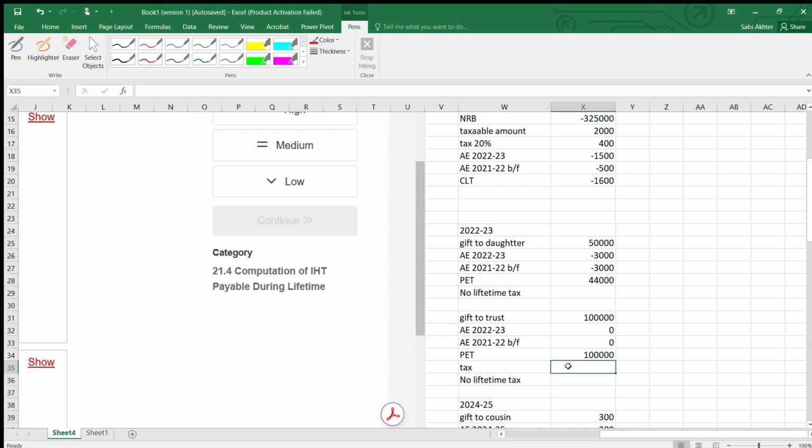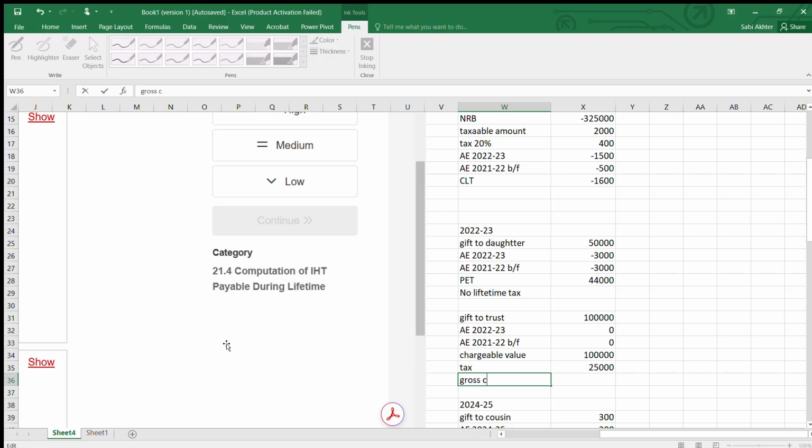So the tax would be 25% of this. This is no longer a PET. It's a chargeable value. So the tax is 25,000. Remember, this is the net figure, that 100,000, and this is 25,000. You have to add them together to find the gross chargeable amount carried forward.